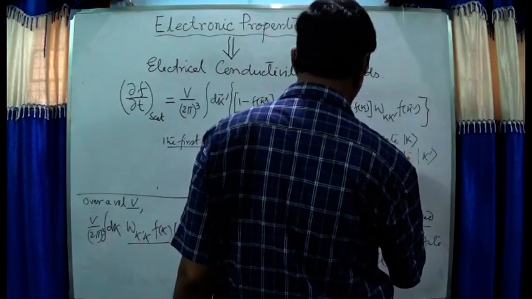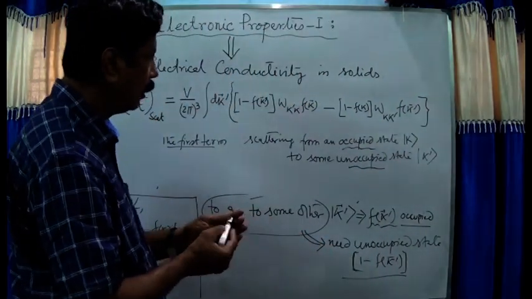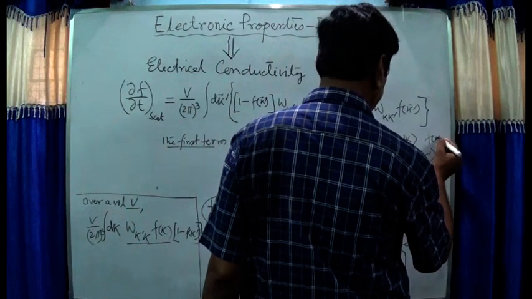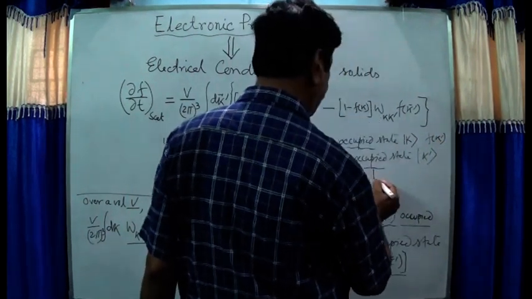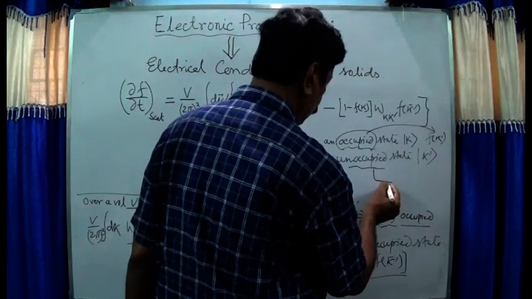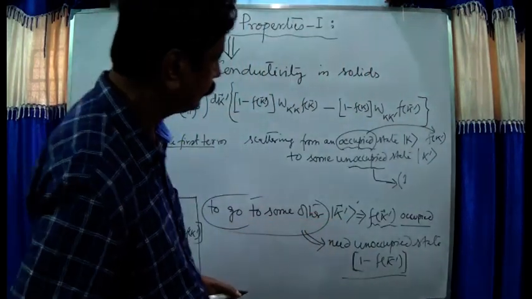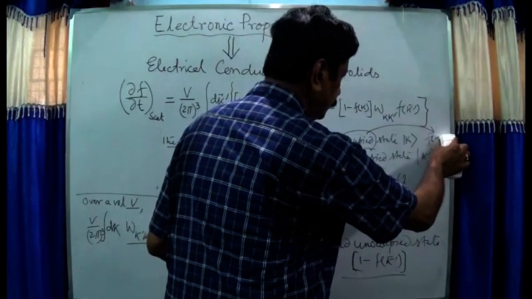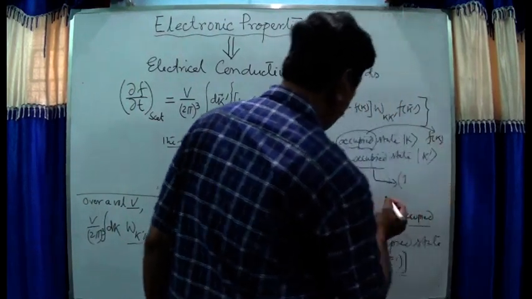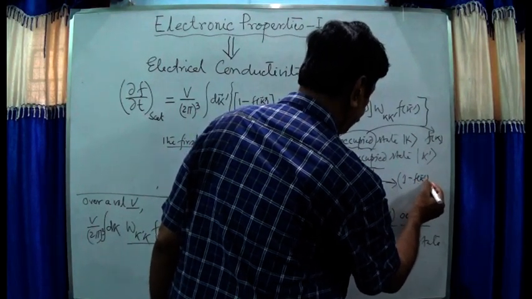Of course, this occupancy and unoccupancy is marked by your Fk, this occupancy by this, and this unoccupancy by 1 minus Fk prime, right?